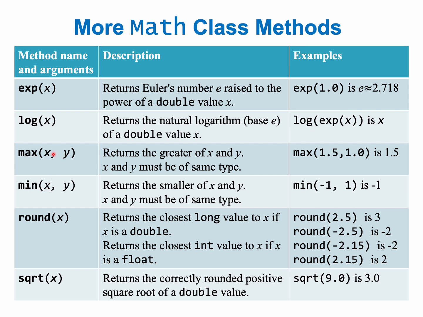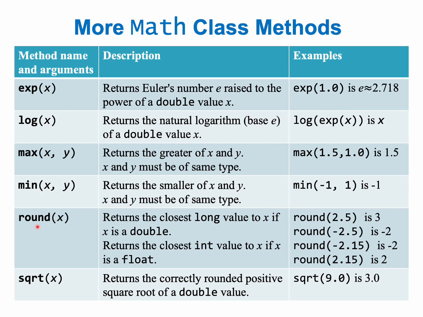Both arguments of each of the max and the min methods must be of the same primitive numeric type. In particular, like the abs method, there are 4 versions of max and 4 versions of min, corresponding to 4 possible types of their arguments.